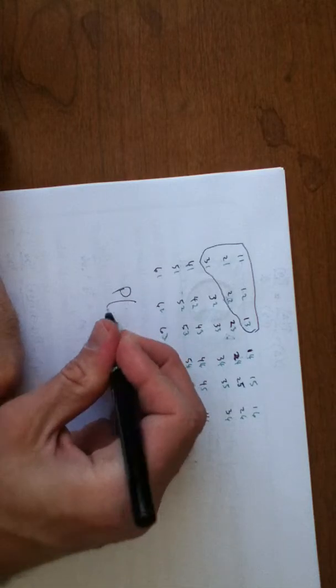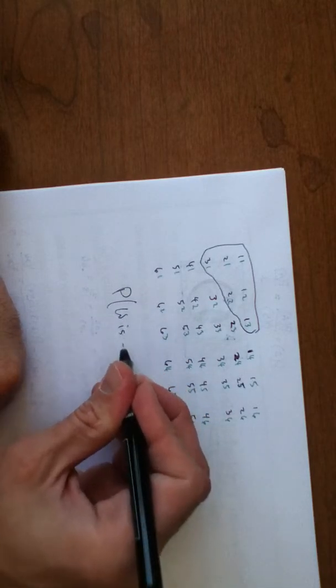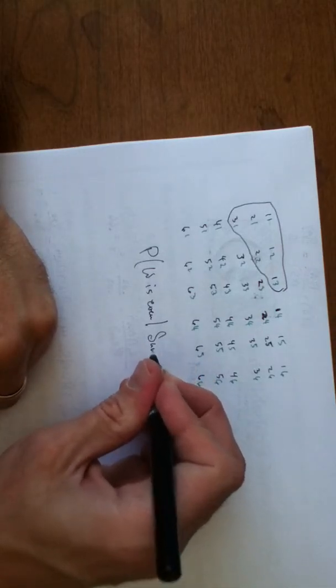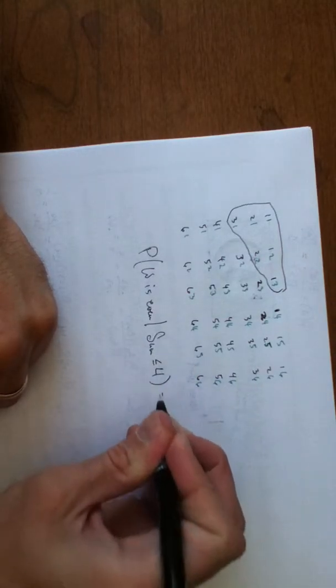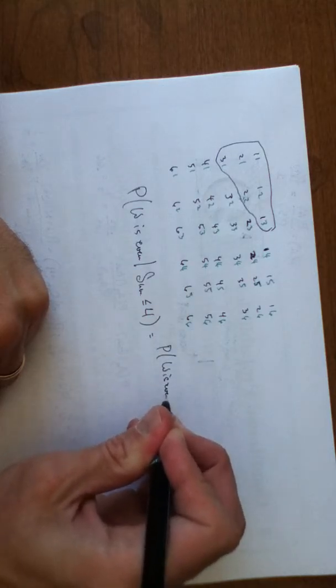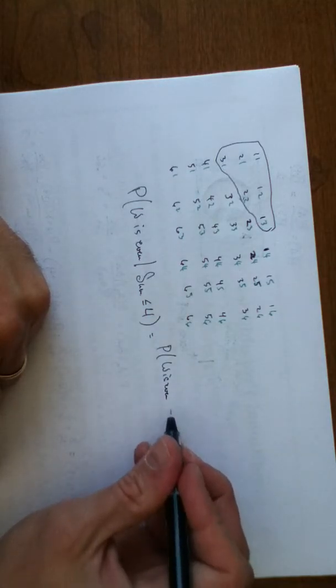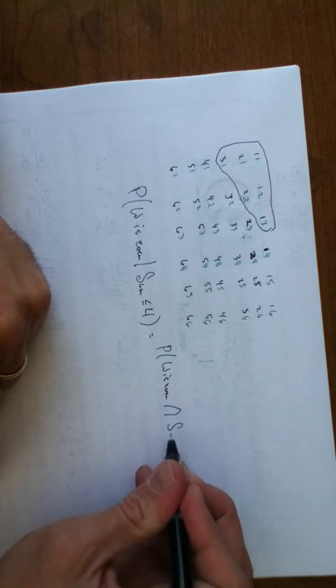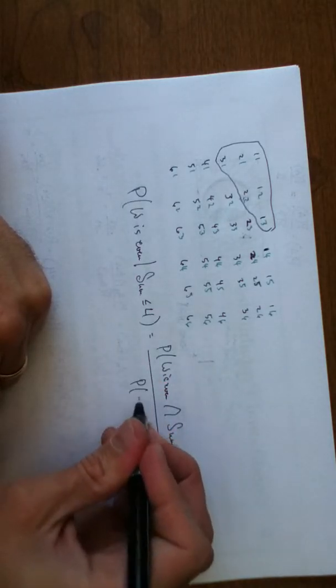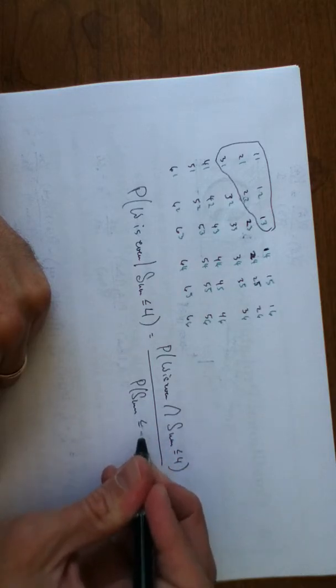So the probability that the white is even given the sum is less than or equal to 4, I could say that's the chance that the white is even and the sum is less than or equal to 4, divided by the chance that the sum is less than or equal to 4.